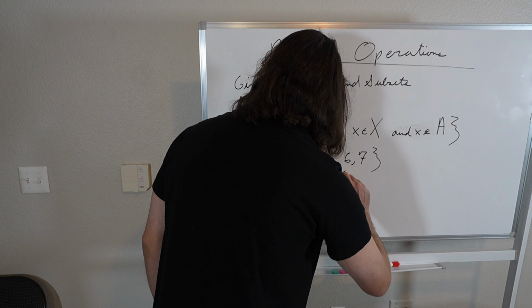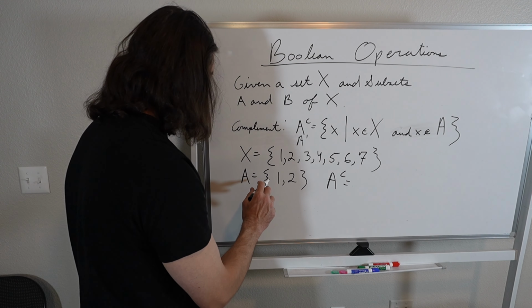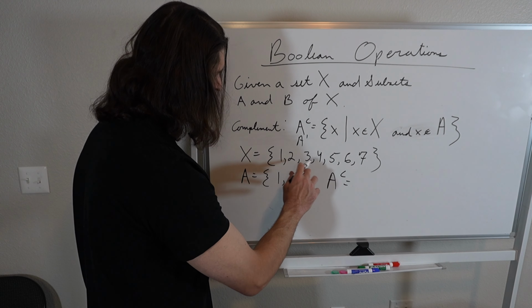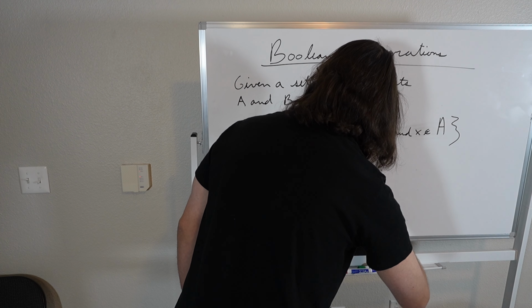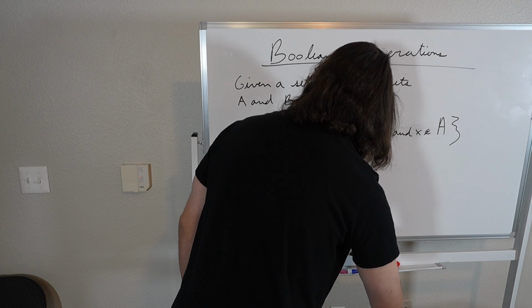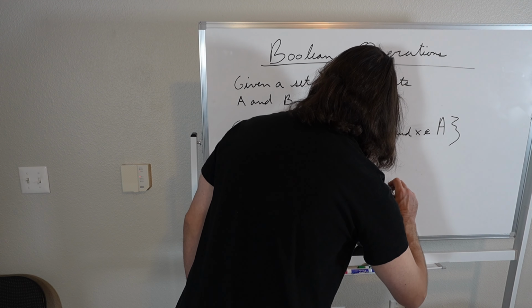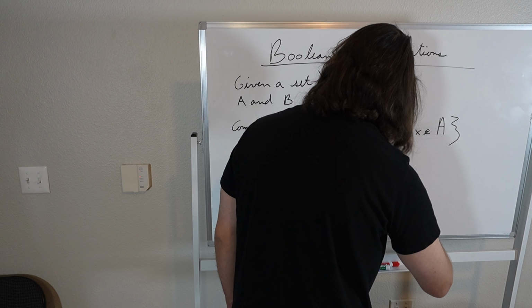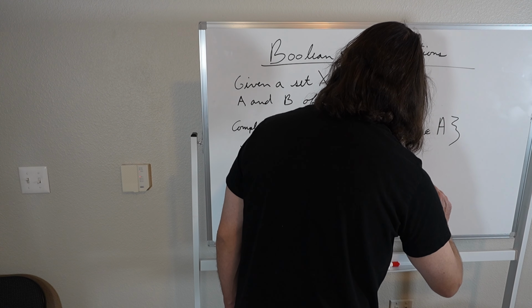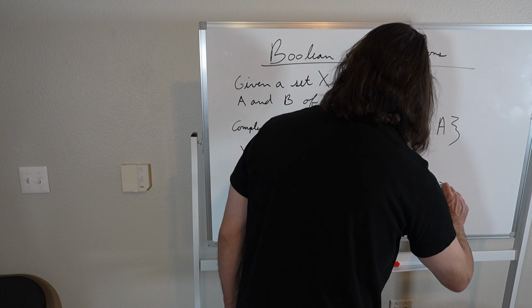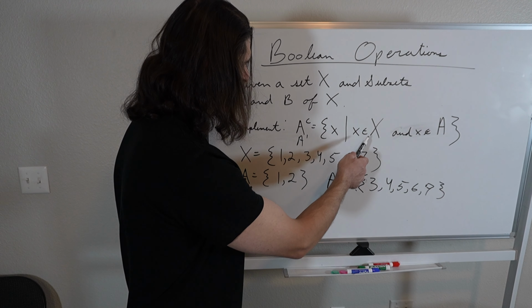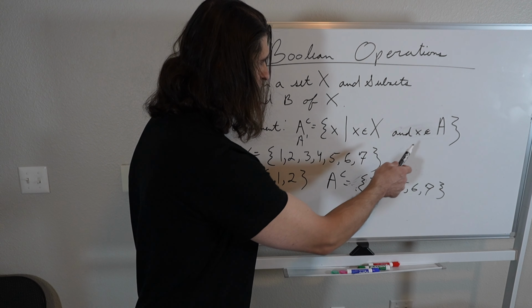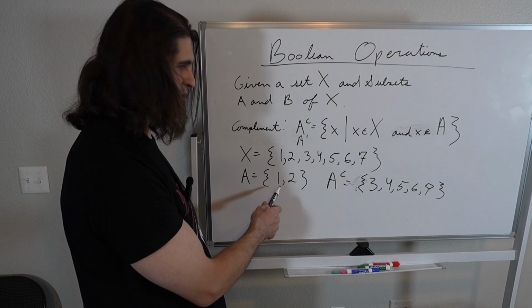So A complement, in this case, since A is 1, 2, A complement would just be 3, 4, 5, 6, and 7. So these are basically the members where X is in the universal set X, but X is not a member of A, which is just 1 and 2.